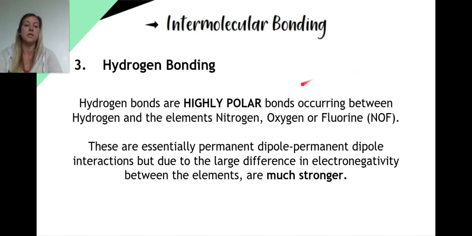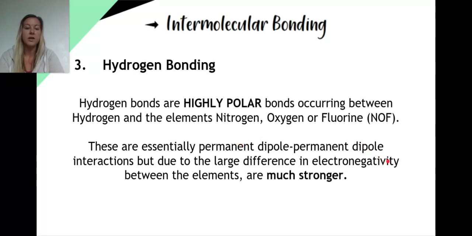What we say is it's between hydrogen and 3 other elements. These are NOF elements, as I like to call them, which just means it's hydrogen bonded to nitrogen, or hydrogen bonded to oxygen, or hydrogen bonded to fluorine. Those are the only combinations where you find hydrogen bonding. So it's easy enough to remember by remembering NOF.